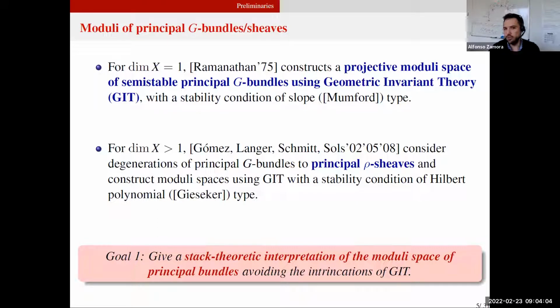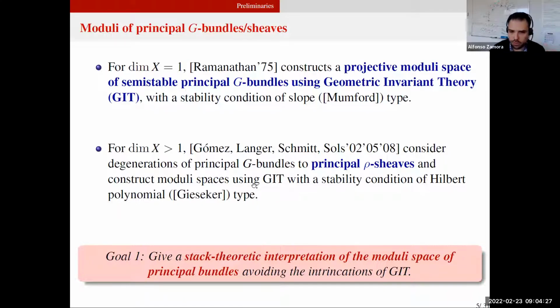Then they construct a moduli space using GIT, now with a stability condition of polynomial type, usually called a Gieseker type stability condition. It measures not just the degree of the objects, but the Hilbert polynomial, which encodes all the Chern classes of the objects we want to classify.